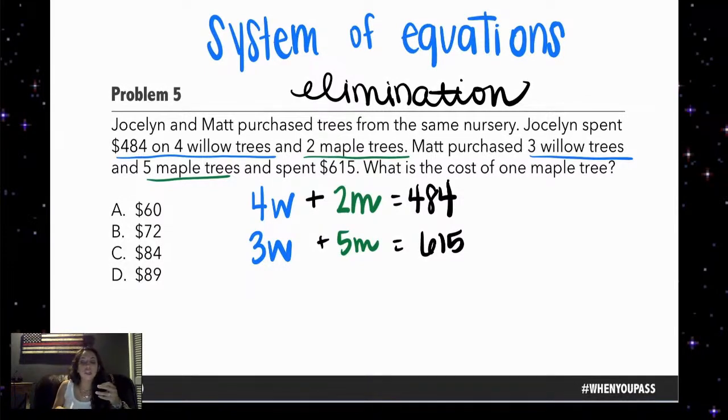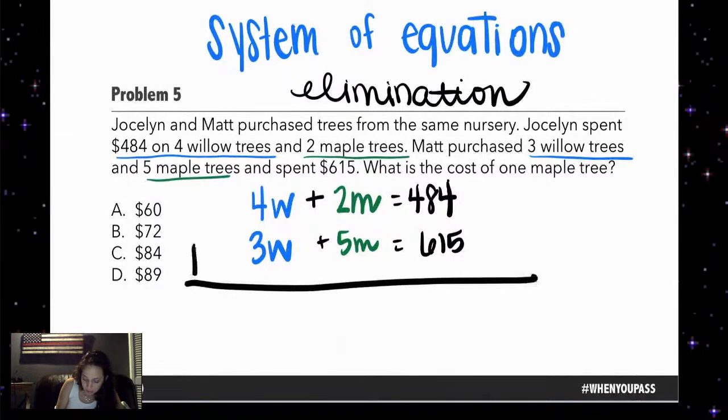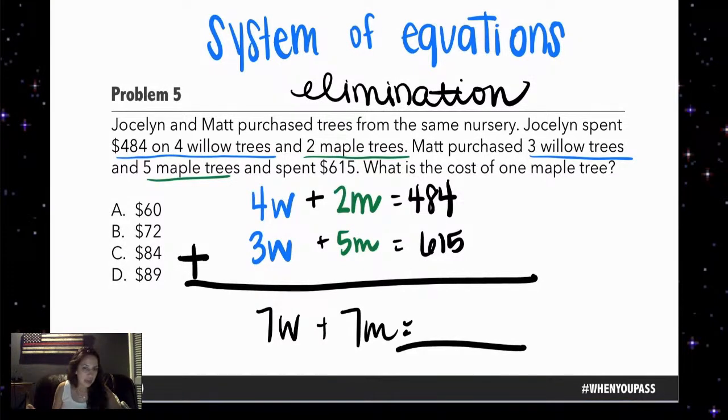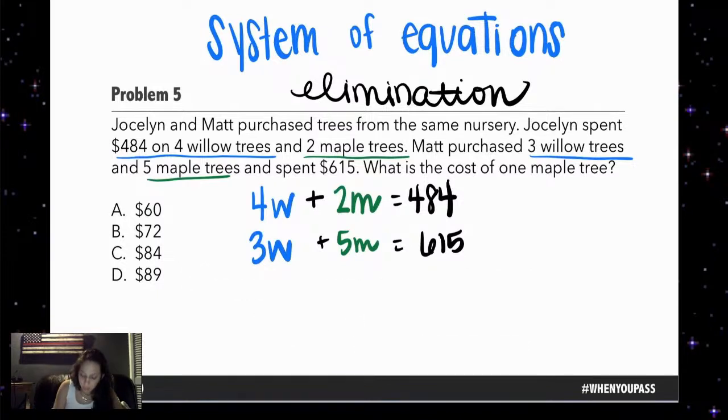I'm using elimination. So my goal is to eliminate one of my variables. How am I going to do that? Can't do it the way it is right now, because if I add these together, I'm going to get 7 W's plus 7 M's equals something. I'm still going to end up with 2 variables, and that's not helpful. So I'm going to multiply each equation by something to eliminate.